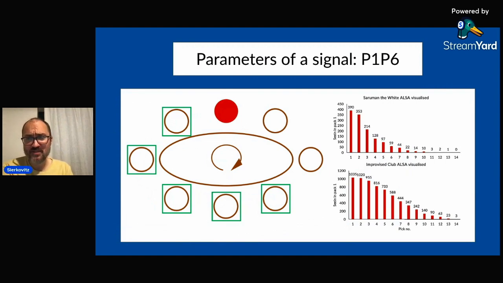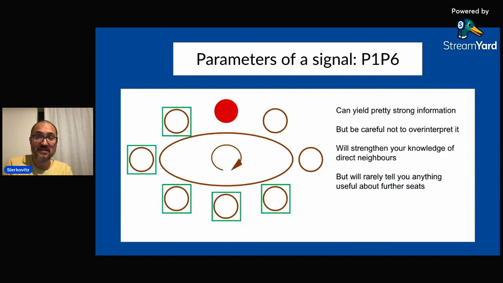But improvised club, you see, well, okay, it could have been gone, but it's not. So maybe there is some minor information about it. But 60% of the time it's still going to be there. It just requires like a decent powered pack, and no one is going to pick improvised club before pick 8 or 9. So you can't really draw that much information from that particular card.